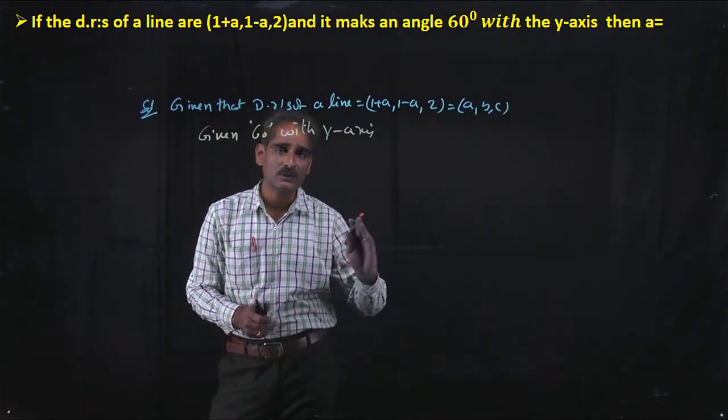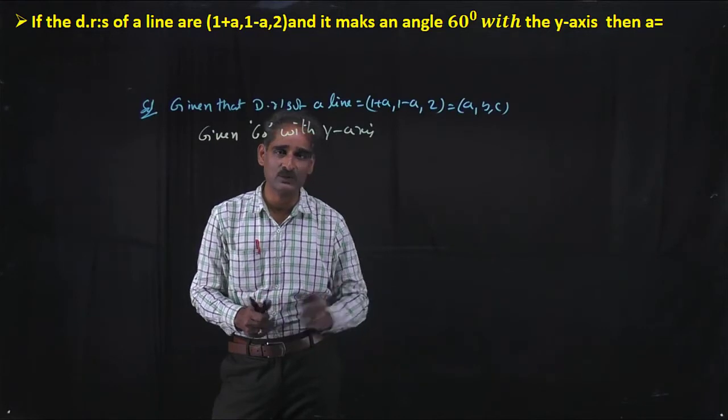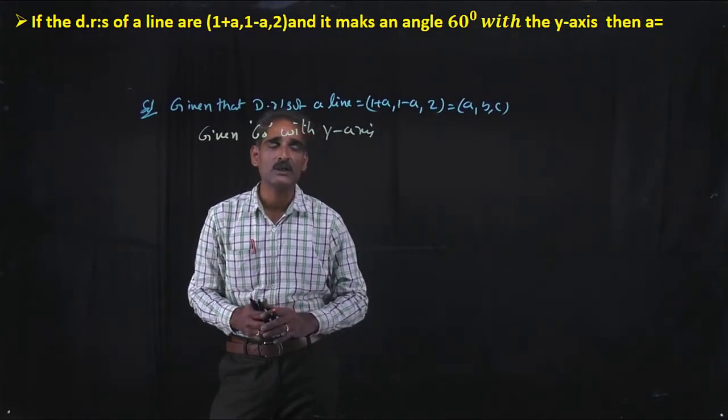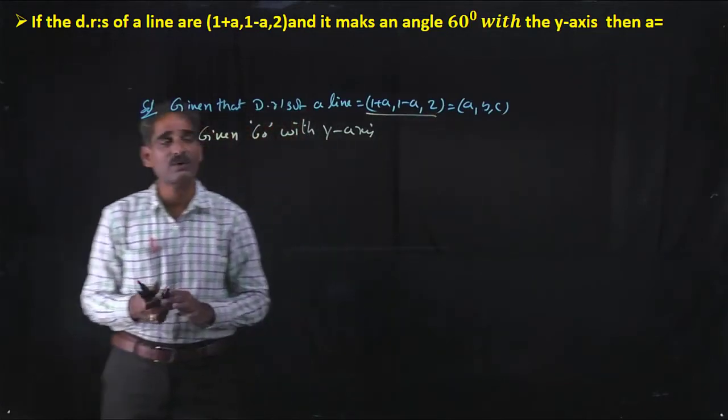If we know the angles alpha, beta, gamma with the coordinate axes, you can find out the DCs. So first of all find out the DCs of this line. What is the formula for DCs?